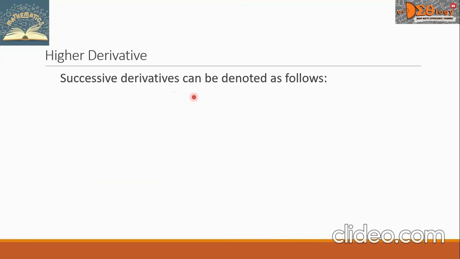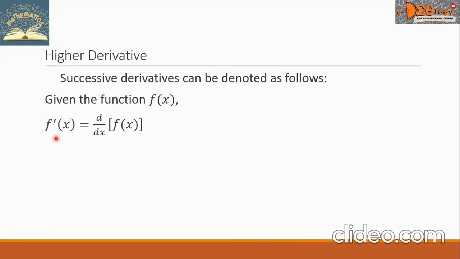Successive derivatives can be denoted as follows. Given the function f of x, f prime of x equals d over dx of f of x.